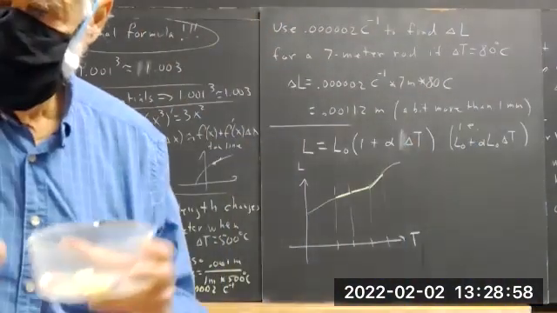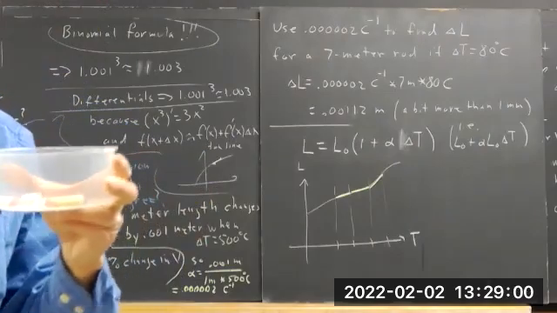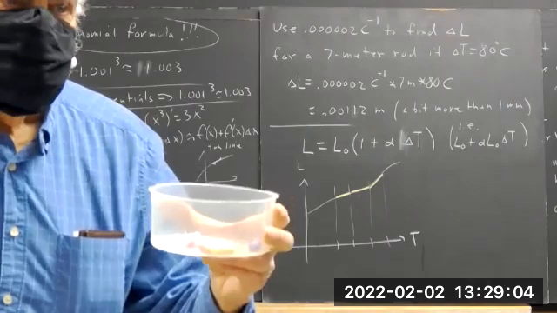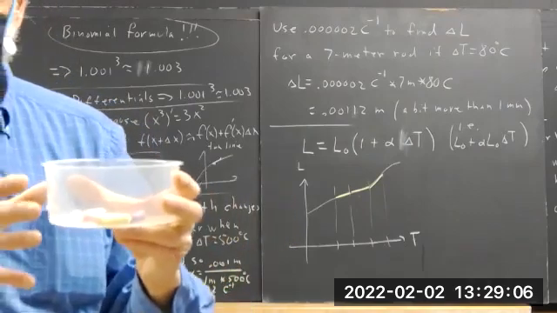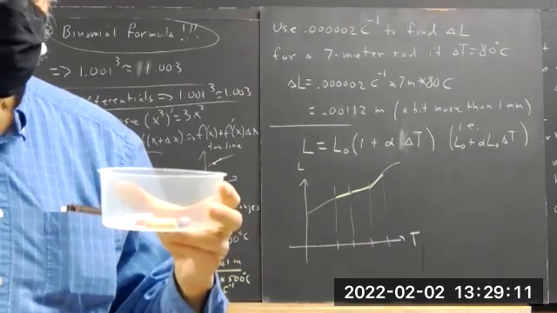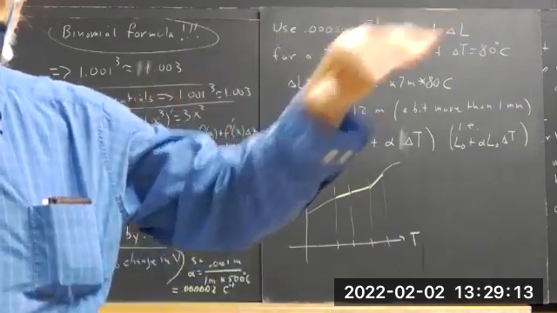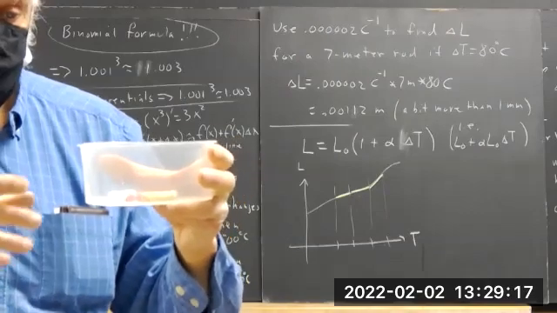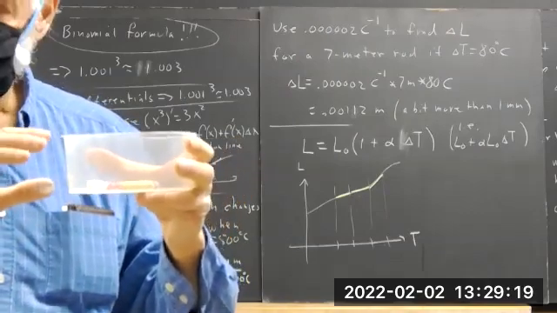And let's say I fill this up. I said with mercury. Let's just say with water, because mercury is really heavy. I can't hold it. Fill this up with water, and then here's the whole thing, right? Water's going to expand. And water does not expand all that linearly. So I heat this up.